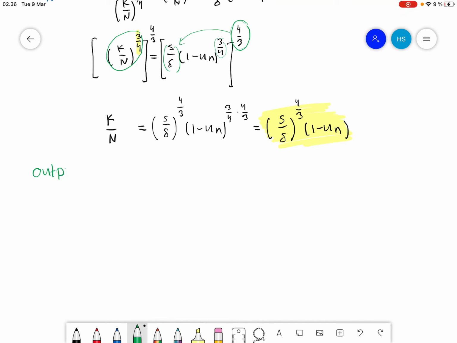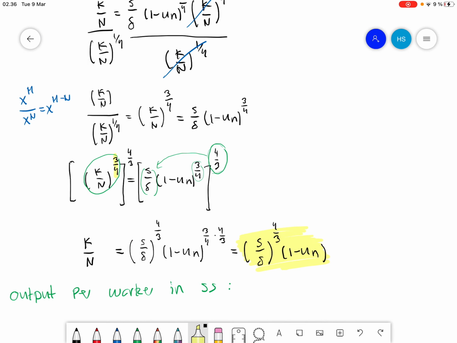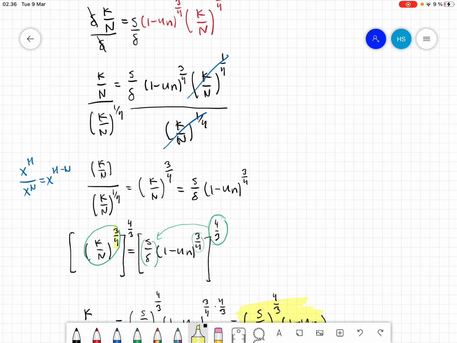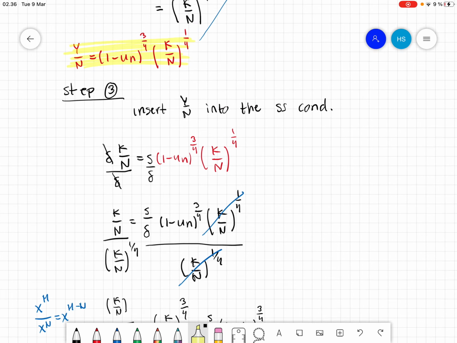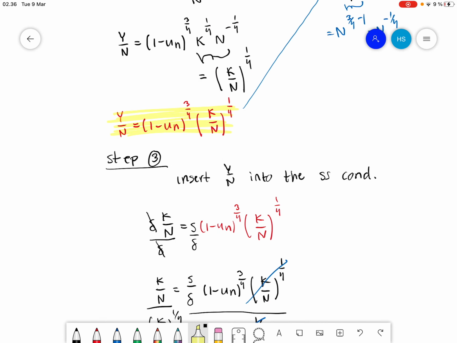So here I write output per worker in steady state. What was that? Well, the output per worker in steady state we found here is this yellow one.